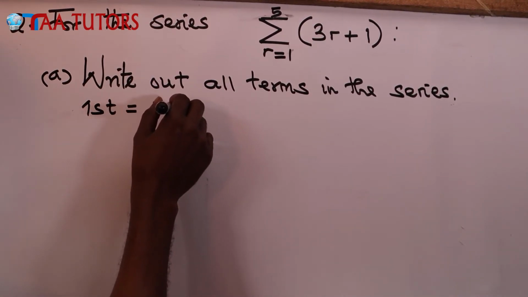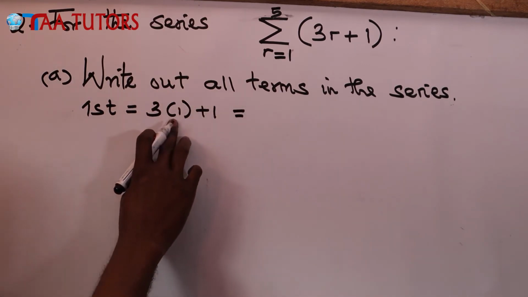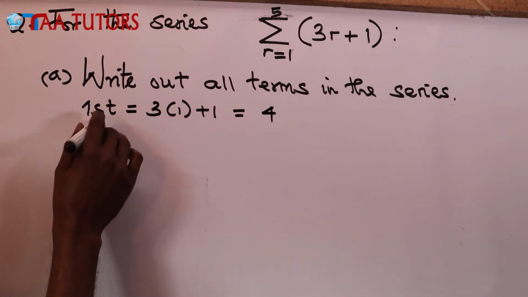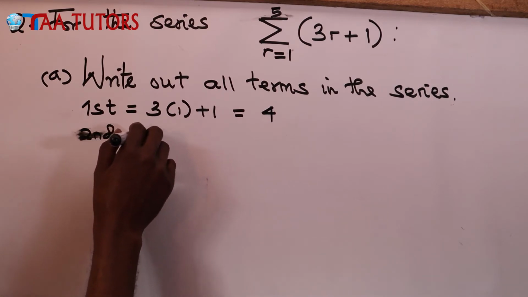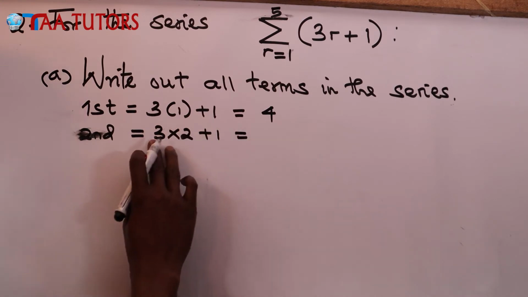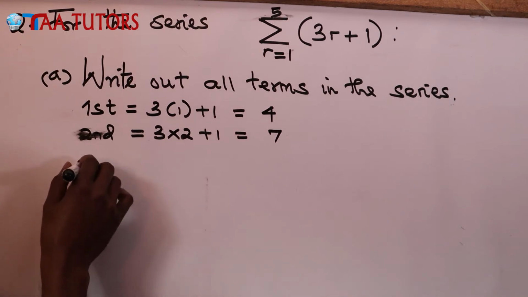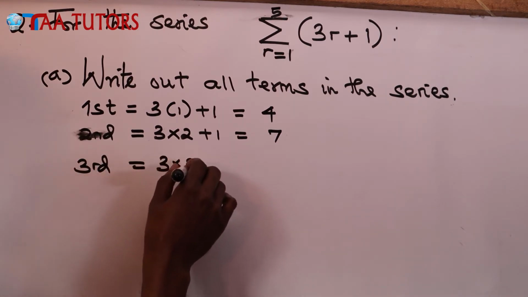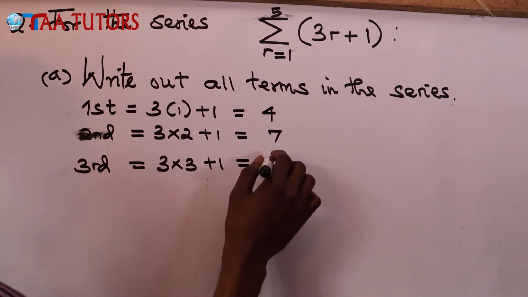So the first term will be given as 3r plus 1, and r is 1, so 3 times 1 is 3, plus 1 is 4. Then the second term, when r is 2, we have 3 times 2 is 6, plus 1 is 7. Then the third term, when r is 3, is 3 times 3 is 9, plus 1 is 10.